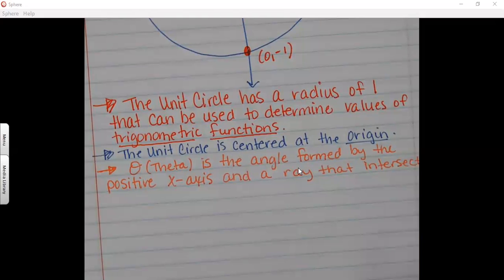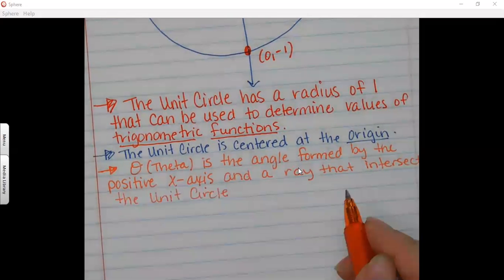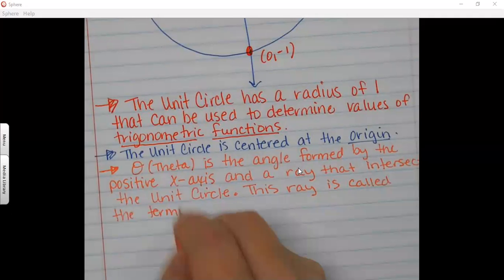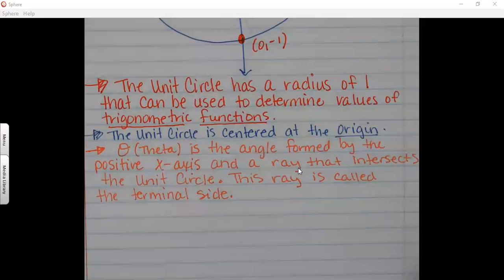This ray is called the terminal side. And I'll demonstrate what all these things are after we get all the definitions written. Okay?